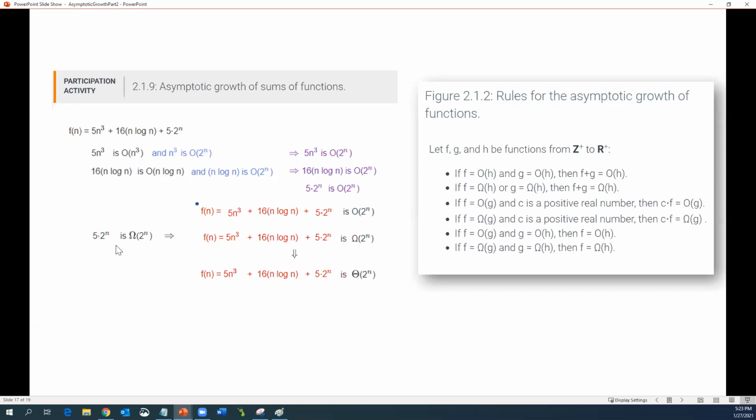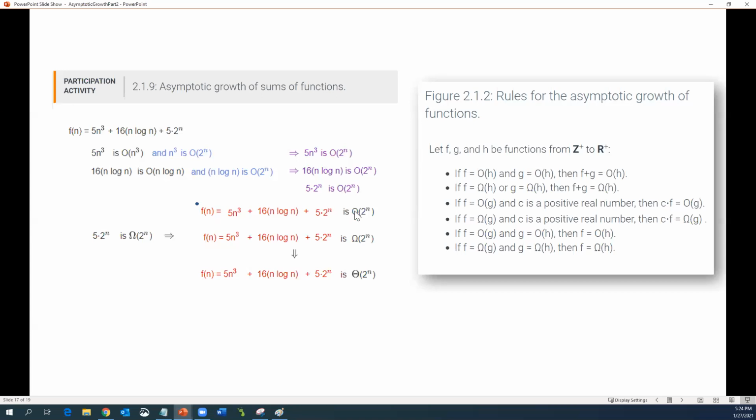We know that, because it's just a constant times that. But now we're using this second rule. If we've got a lower bound on one of these terms, then it's going to be a lower bound to all of them. So we can say all of these added together will also be omega of 2 to the n.